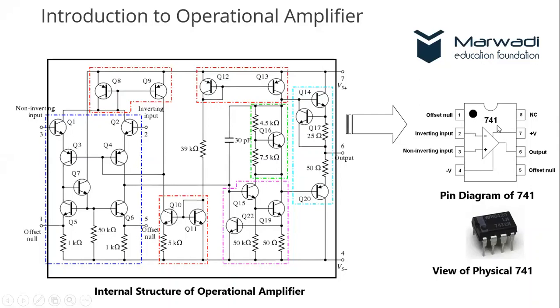Let us say we have terminal one, two, three, five here, then six, seven, four, and eight is for no connection. So this way the developers came up with a single integrated circuit. You can see that it is written here 741.